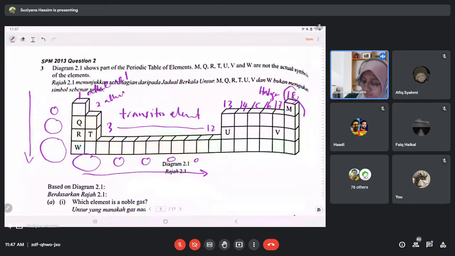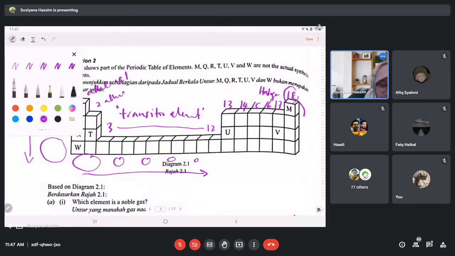Okay, is a noble gas. Alright, so this you must know lah. Transition element has special properties. Okay, so this one, group 1, okay, is a technique. Teknik teacher ajar.